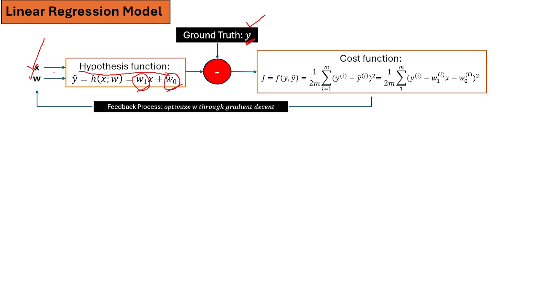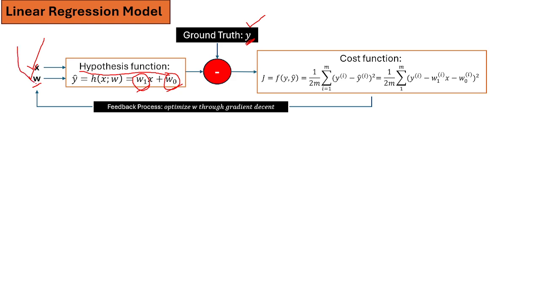That's why we have to provide W, the parameter, which is a vector that has all the elements W1, W0, and if there were more components, say W2, W3, all of those would be in this vector. This initial guess gets updated through the optimization process.